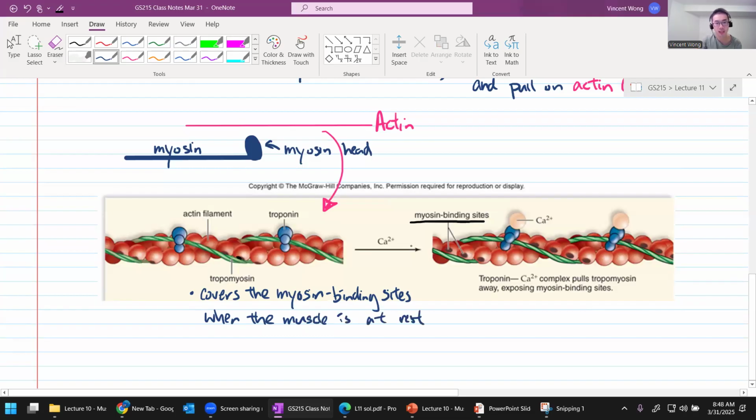When you're not contracting the muscle, we cover up all the binding sites so there's nothing to grab on to, which is fine. You don't want them to grab and pull. You want it to just be relaxed. You're not doing anything to the muscle at the moment. So just copy that down.